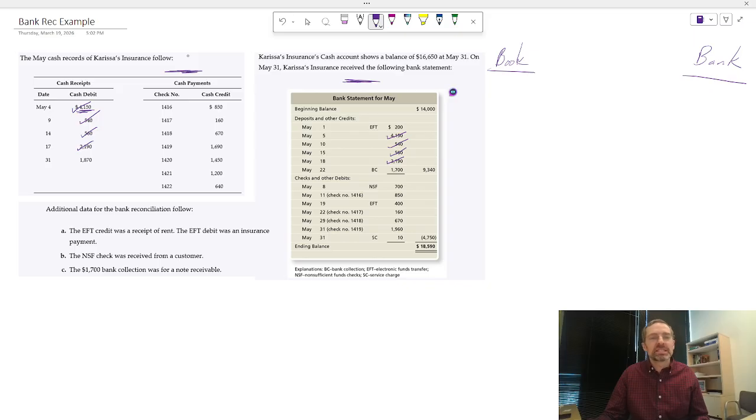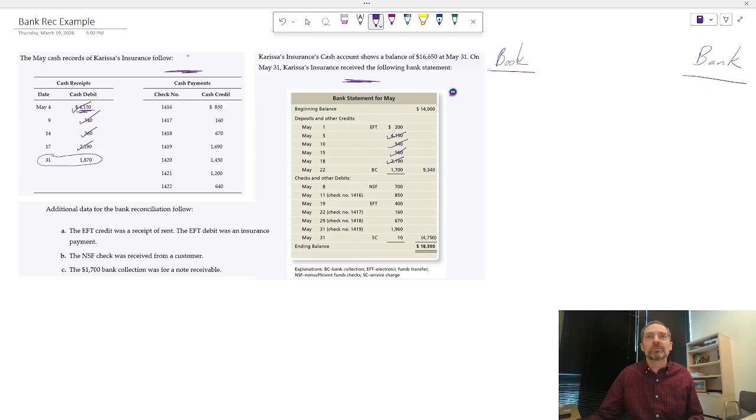I don't see that one here. Why is that? Well, it's probably because I put it in the box on May 31st and the bank got it in June. Since this is May's bank statement, it's not there. Whenever I find a difference, I'm going to put it on my reconciliation.